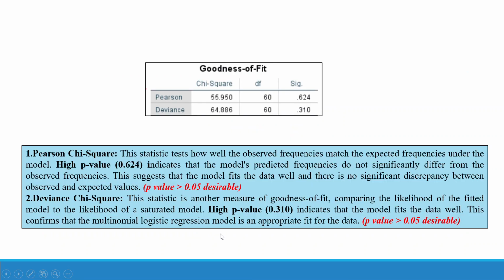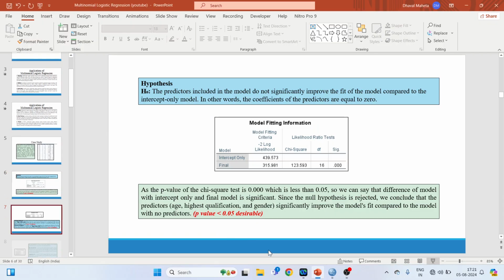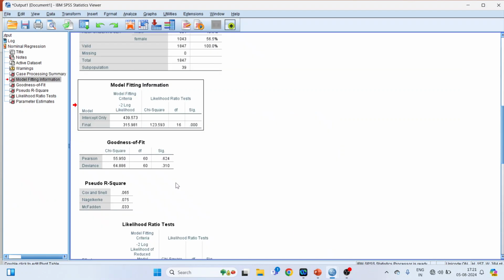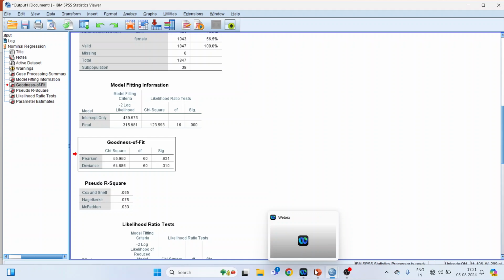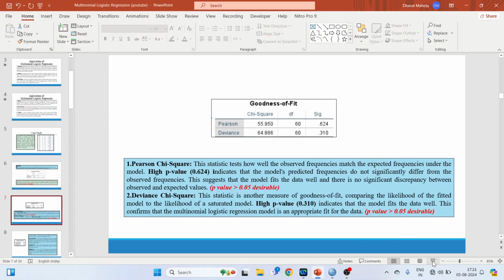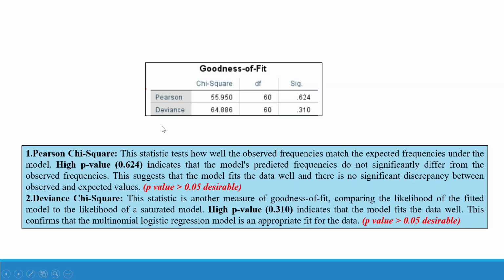Next is goodness of fit. I'll get it from here. Now let's write the interpretation for this also. Here we have Pearson and deviance. We start with Pearson. This statistic tells how well the observed frequency matches the expected frequency under the model.